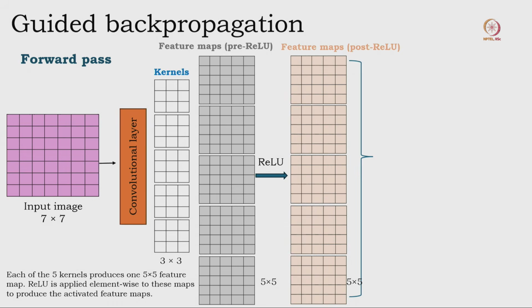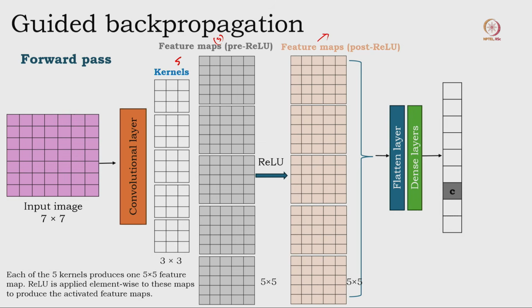What you are seeing here is a CNN model with only one convolutional layer. Let us assume there are 5 kernels, so we obtain 5 feature maps. These 5 feature maps are passed to ReLU, and then we obtain the feature maps after ReLU, or post ReLU.